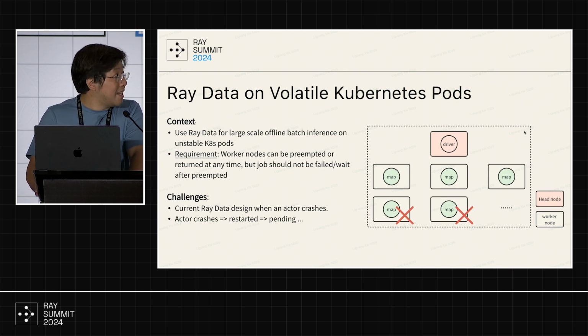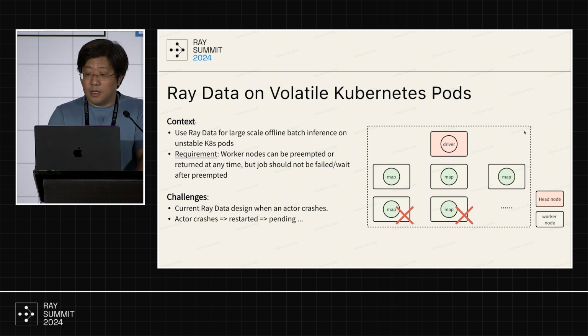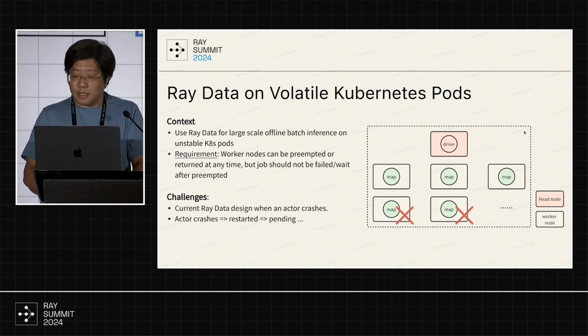For example, if a task is running on 100 GPUs and 40 of them are preempted, we expect the remaining 60 GPUs to continue operating efficiently with high utilization. So this poses a very significant challenge to us. If you're familiar with Ray, it does provide a very robust actor and task recovery mechanism.